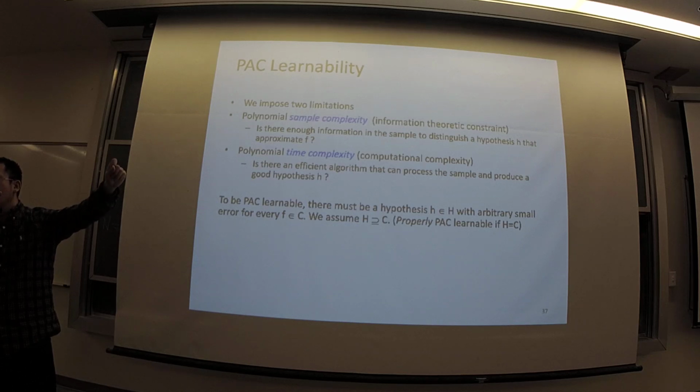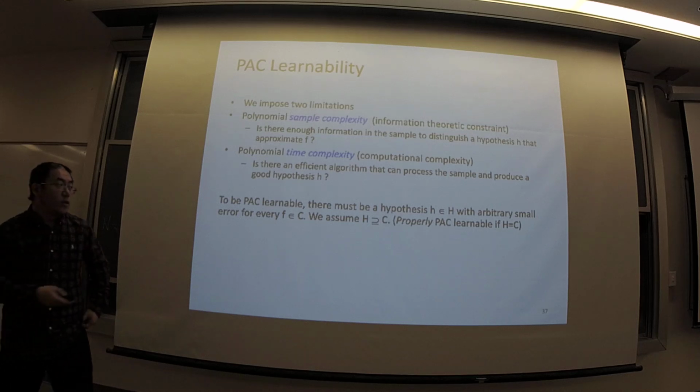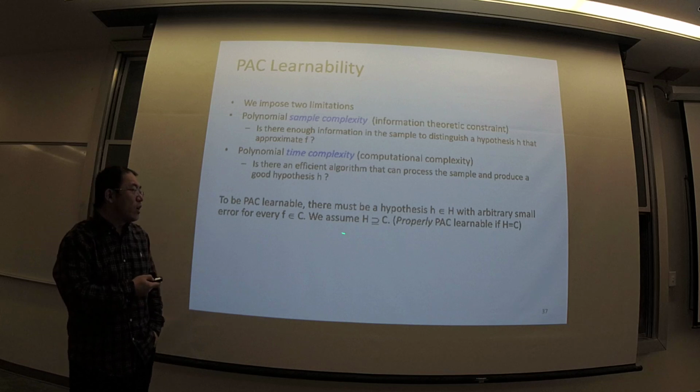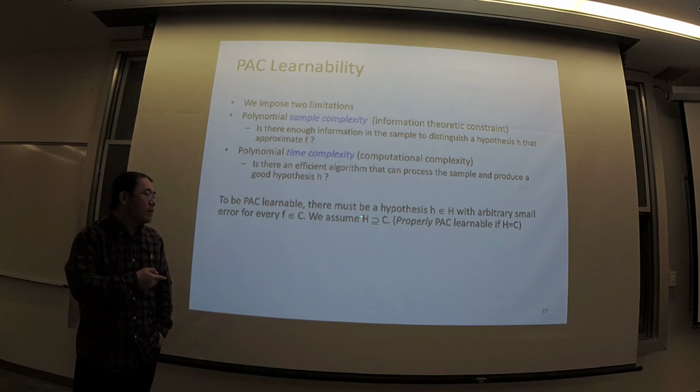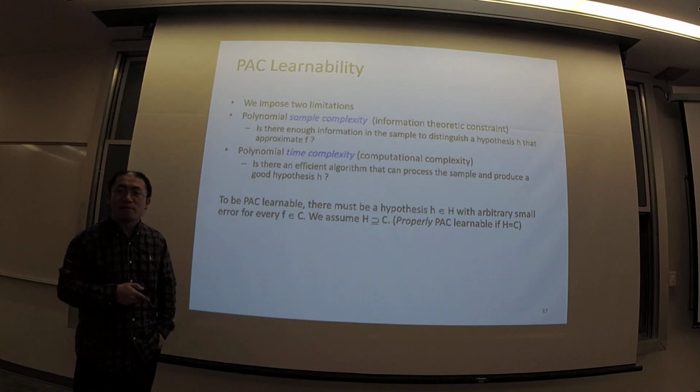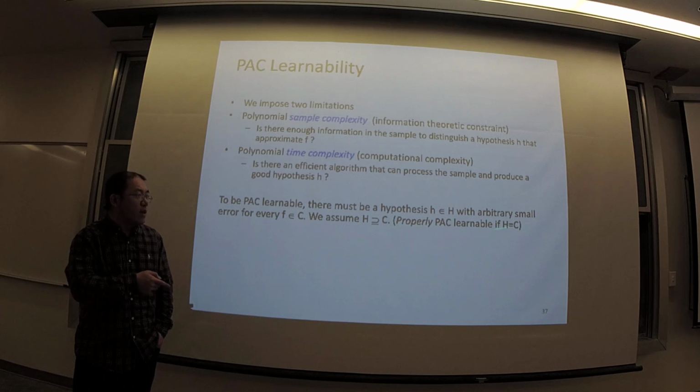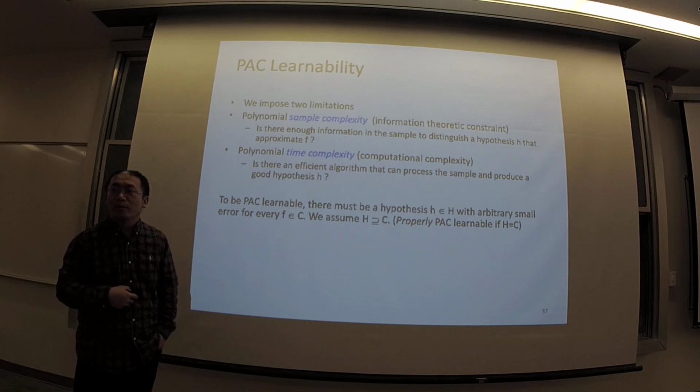That means for some particular epsilon and delta, it cannot be satisfied, and then it won't be PAC learnable. So usually, to satisfy PAC learnability, we have to assume the hypothesis space contains the concept class. We call it properly PAC learnable if these 2 spaces are identical.